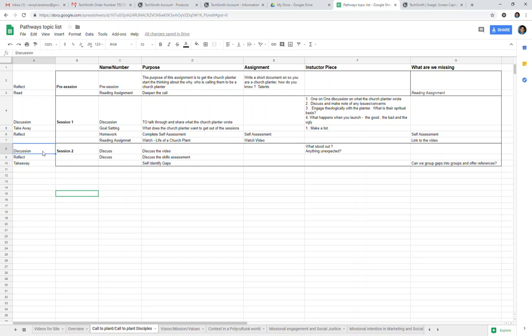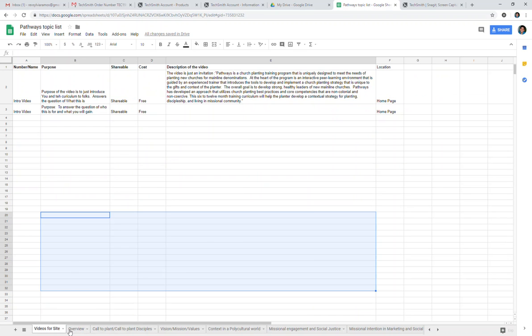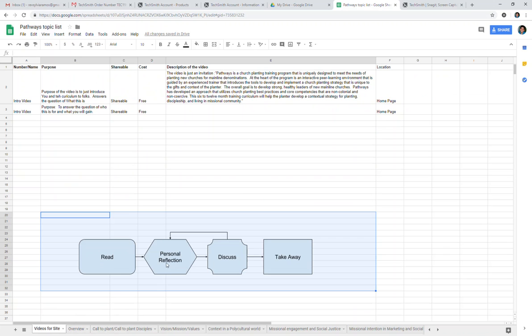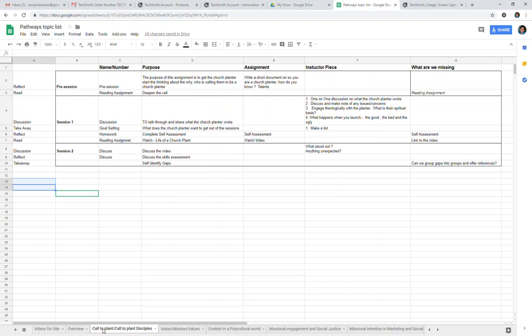So again, we're talking about read, reflect, discuss, take away. It's that cycle all the time, and we're doing it over and over again, using them as building blocks.